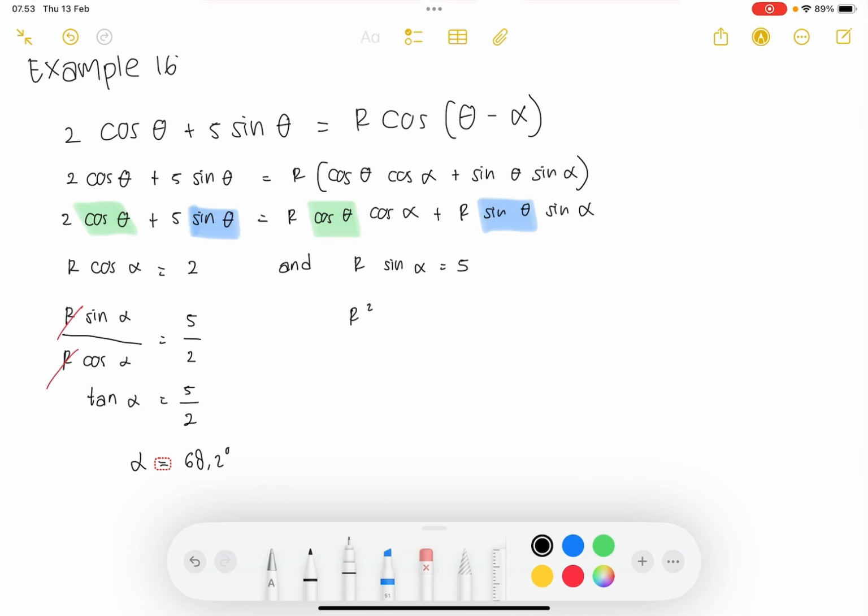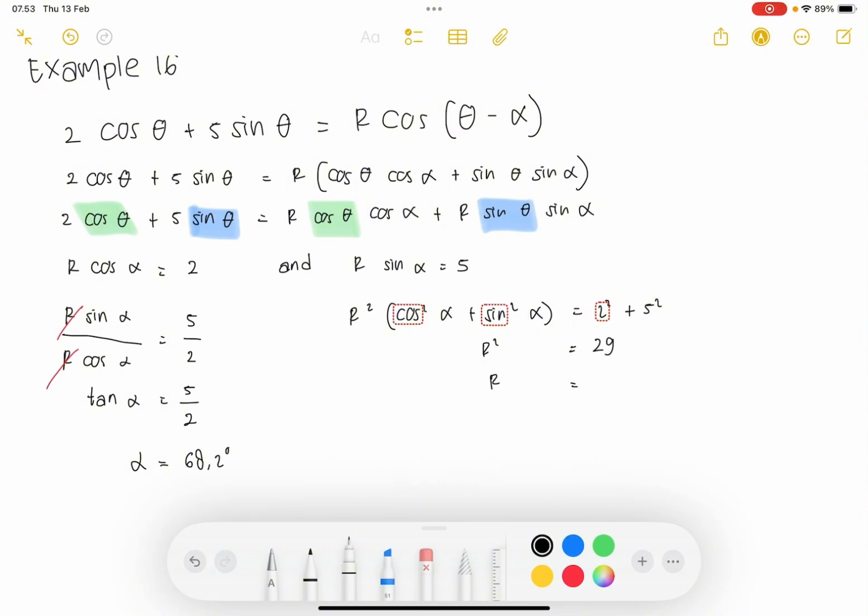So r squared is equal to, still remember, cos squared alpha plus sine squared alpha. Let me just directly use this, yeah. So that's why here we will come up with the value 2 squared plus 5 squared. Here r squared equal 4 plus 25, 29.